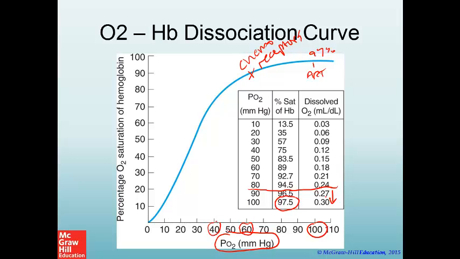Normal venous PO2 is 40. And you can see at 40, you still have 75% of your hemoglobin molecules saturated or carrying oxygen. But you've lost, in total oxygen content, a lot of oxygen to the tissue cells.